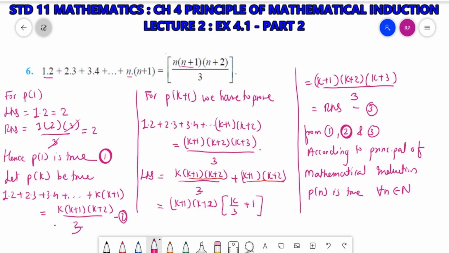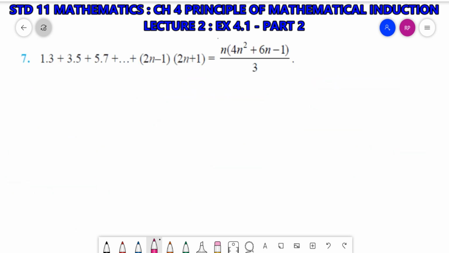Now let's see the next question, that is question number 7. Question number 7, 1 into 3 plus 3 into 5 plus 5 into 7 up to 2n minus 1, 2n plus 1. We have to prove that this is equal to n into 4n square plus 6n minus 1 upon 3. Okay, so let's stick to the basics.